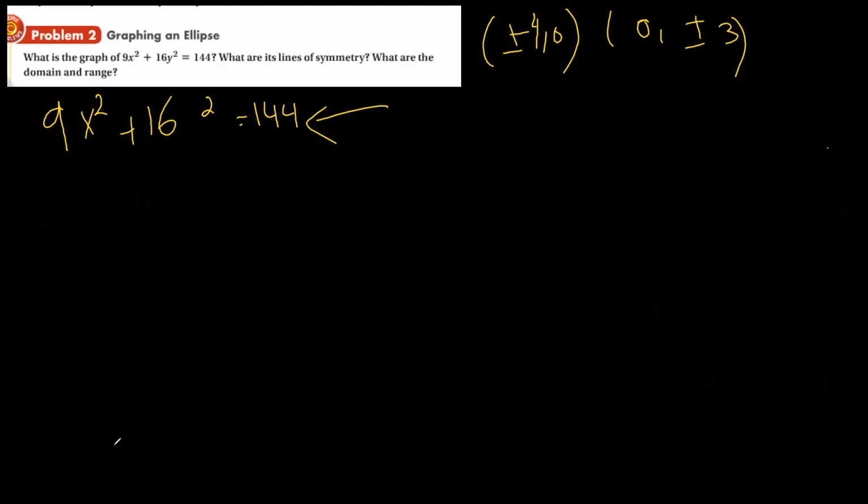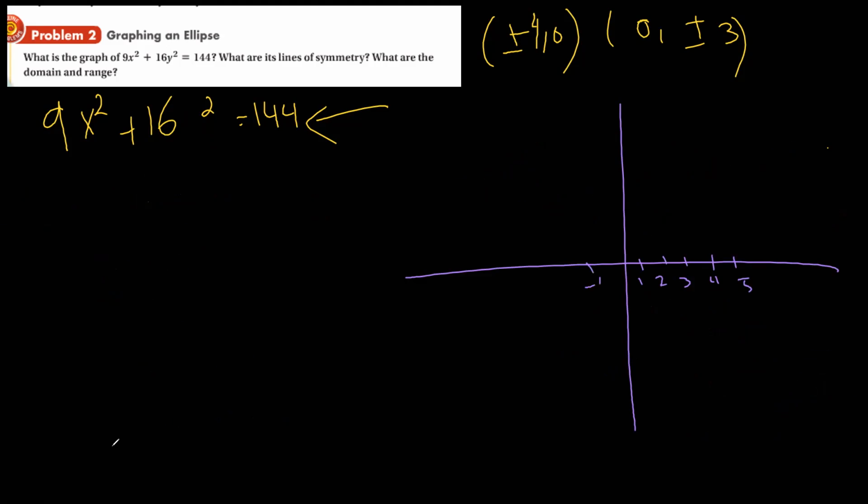Now after that, here we have these points. Let's plot them now. I see 1, 2, 3, 4, 5, negative 1, negative 2, negative 3, negative 4, and negative 5, and the same on the vertical axis.